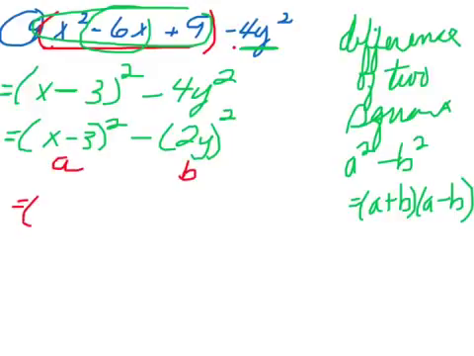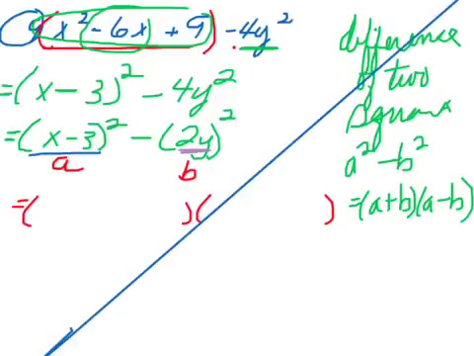So if I'm going to do a plus b, a minus b, let me kind of do some color here. I'll do this in blue and I'll do this in a purple color, just so we have some different things going on. So my a is x minus 3, so what I'll do is I'll write it as x, ignore that line. If I get rid of it, it'll ruin the whole video.